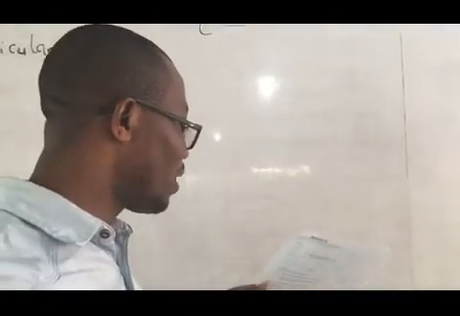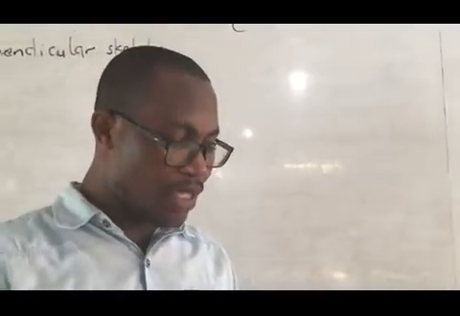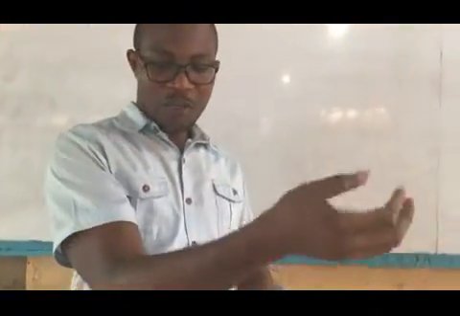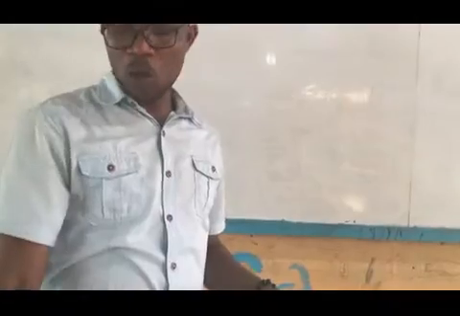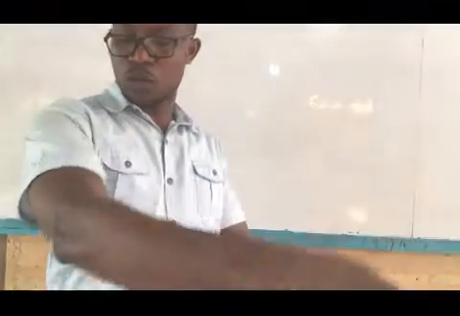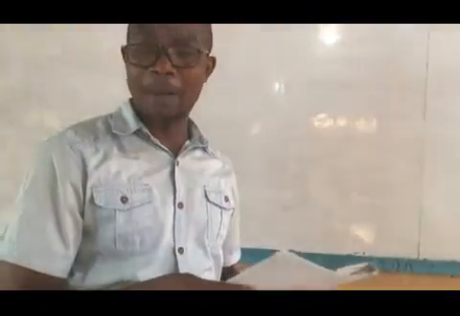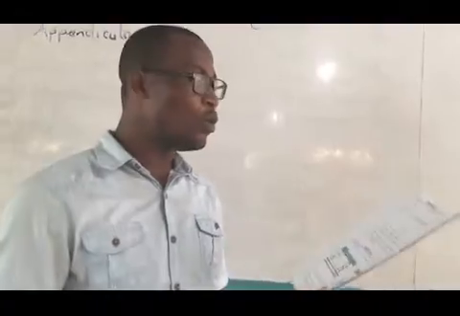That is the humerus. So the arm is divided into two. The lower arm from the elbow to the fingers, that is the lower arm. And then from the elbow to the shoulder, that is what we call the upper arm. So the upper arm is also known as the humerus.